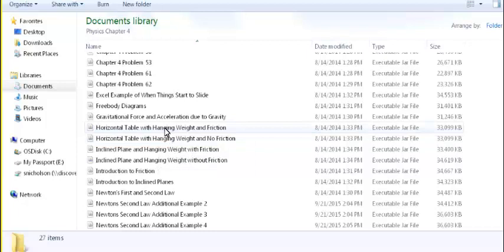And then we go to this one, which is with friction. Then we go to inclined plane, hanging weight without friction, and then we go to this one. So that's the order. If you want to watch that one, then watch that one, then watch that one, then watch that one. And you'll see all the things that get built up as far as the results.